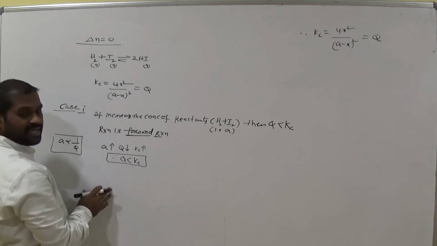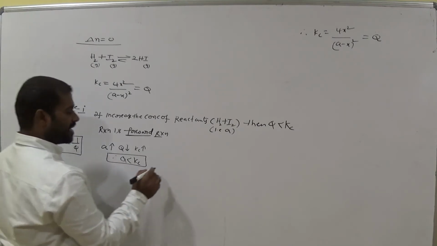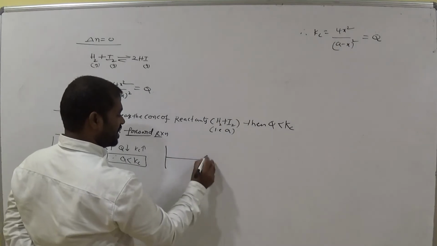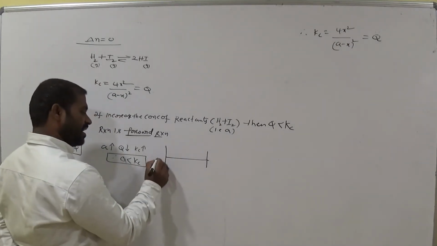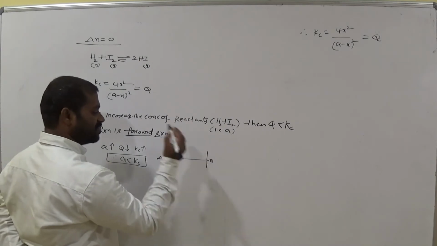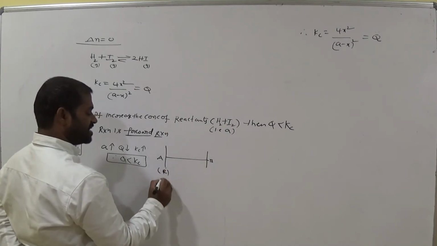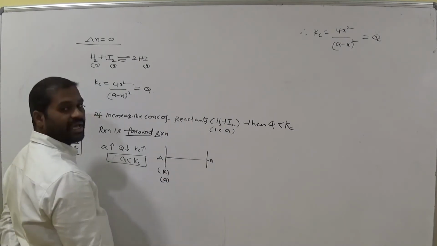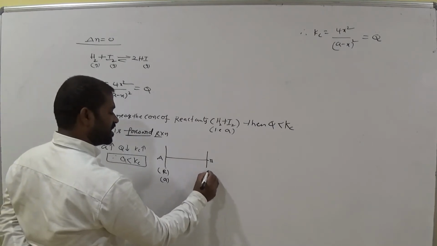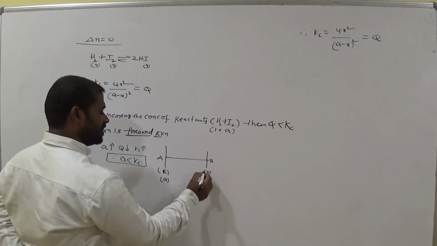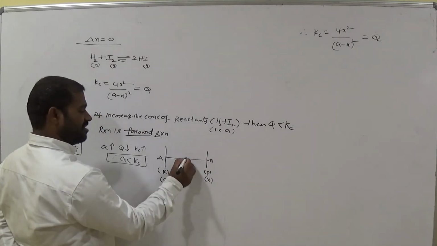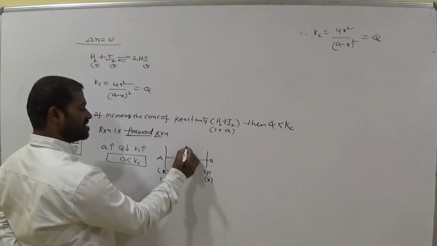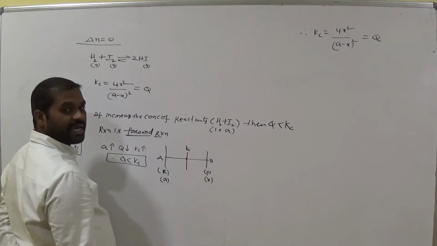Q less than Kc. So Q less than Kc means, see the diagrammatic representation: the reaction starts at A and the reaction ends at B. Now these are the reactants and their concentration is supposed to be A, and this one is the product and its concentration is X. Okay, so this is the equilibrium point where the reaction gets stability, Kc.